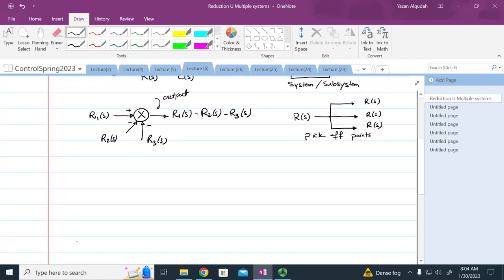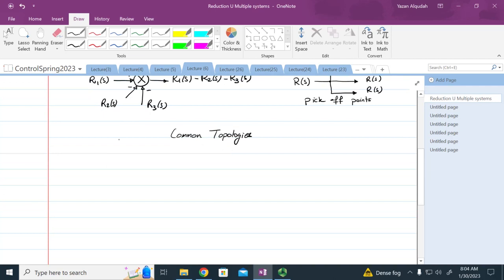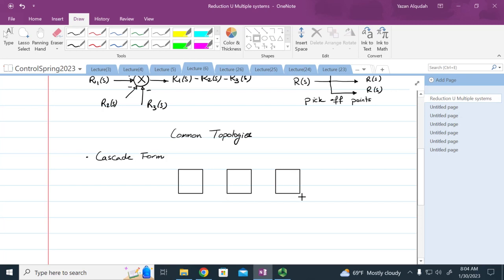Okay. Let's look at some common topologies. So the first topology that we can see in our block diagram representation is the cascade form. And in this topology, we're going to have multiple blocks in cascade.